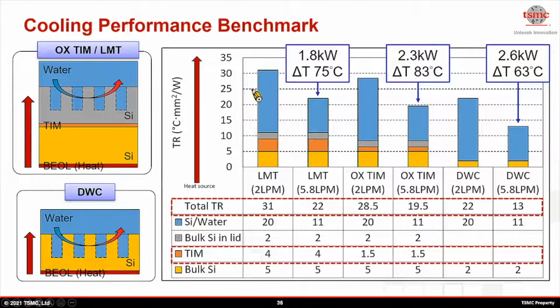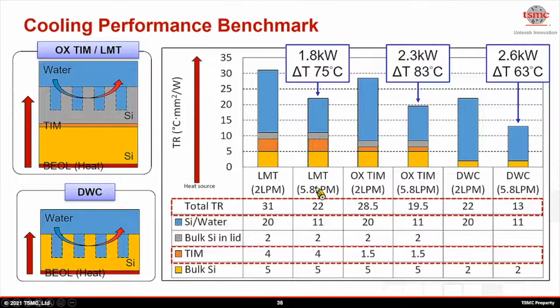Okay, the first 2 columns represent the liquid metal tin case, and the next 2 columns show the oxide tin case. The last 2 columns represent the direct water cooling case.